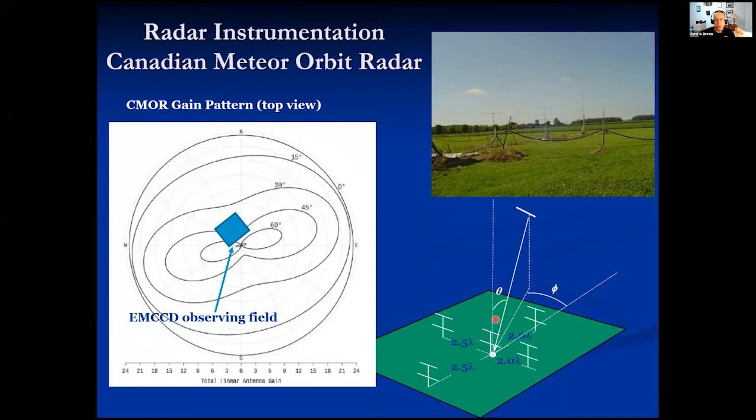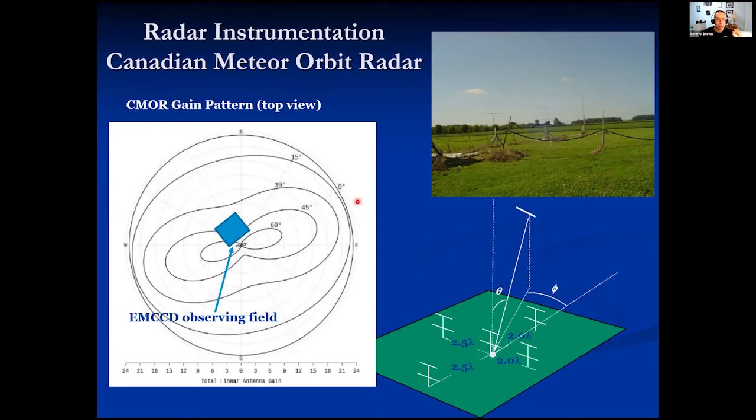For the 29 megahertz system, there are also 6 outlying stations within about 22 kilometers, which are also synchronized. That allows us to do time of flight measurements. When a meteor occurs, we have the direction from the main site, and then we have all these other specular points that allow us to do time of flight measurements to give us a speed and a direction. And at SYMOUR we also have one of the CAMO sites, so we're looking optically at the same place.